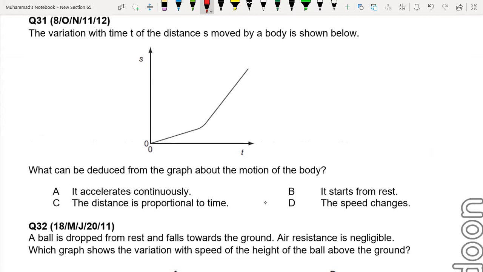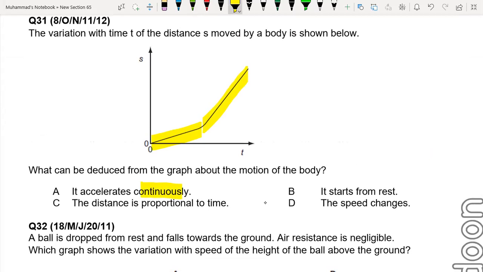Over here, the variation with time t of the distance s moved by a body is shown below. What can be deduced from the graph about the motion of the body? The gradient of this part is constant, then the gradient has a greater value, but it is constant. Does it accelerate continuously?